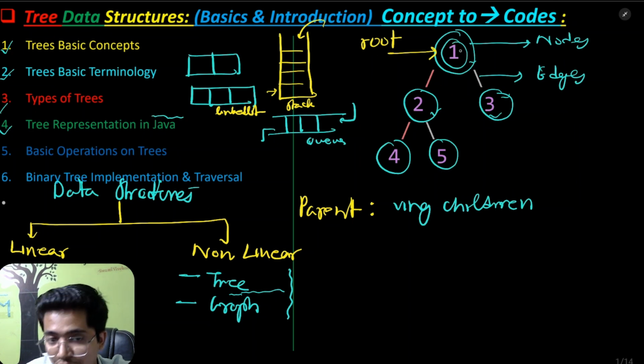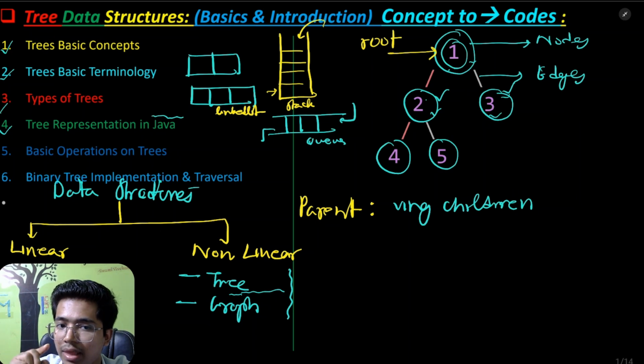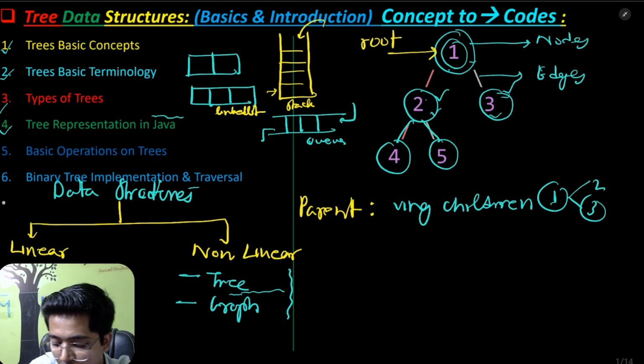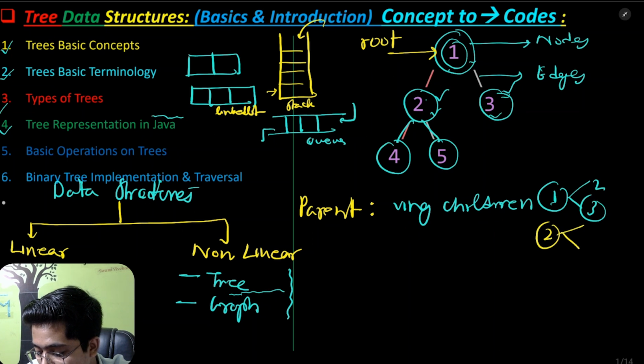From this position, 1 has the children 2 and 3, because 1 is directly connected with 2 and 3. So 1 is the parent of 2 and 3. Similarly, 2 is directly connected with 4 and 5, so 2 is the parent of 4 and 5. This is what is called a parent.